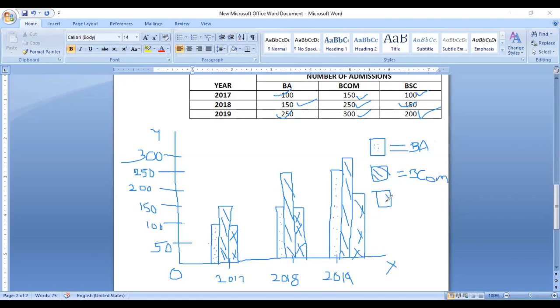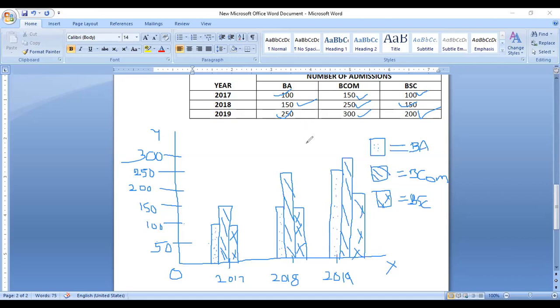Now this is equal to BSc. So these kinds of diagrams are known as multiple bar diagrams. So you can see three different variables have been shown in the same diagram. Okay.